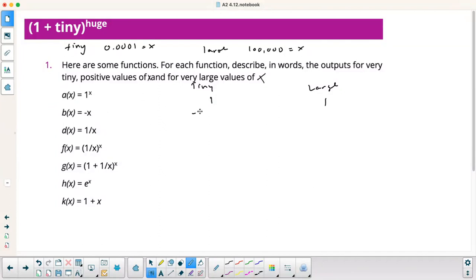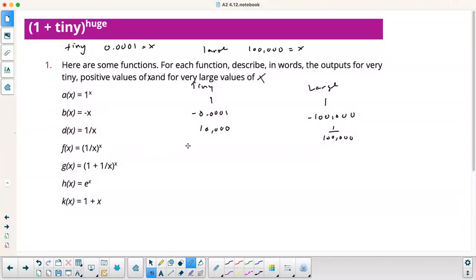So this is going to be negative 0.0001. It's going to be negative 100,000. So 1 divided by 0.0001 would give me 10,000. And 1 divided by 100,000 would give me 100,000.